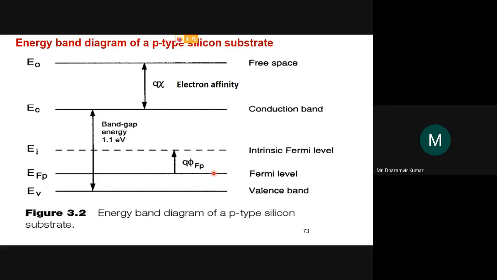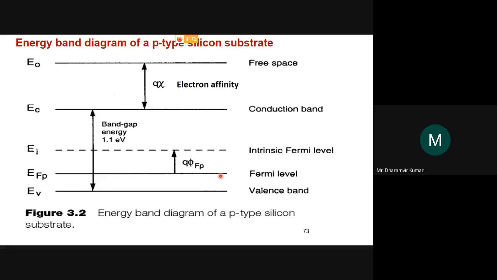And this particular layer that is formed because of the addition of acceptor atoms in the intrinsic semiconductor, we call this the Fermi level, or we can also call it the dopant Fermi level, for this particular material.